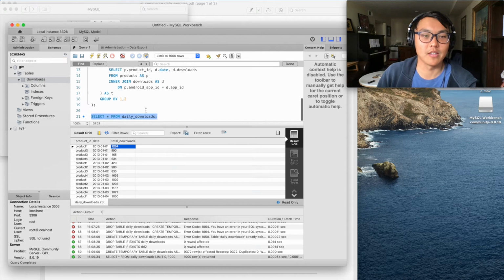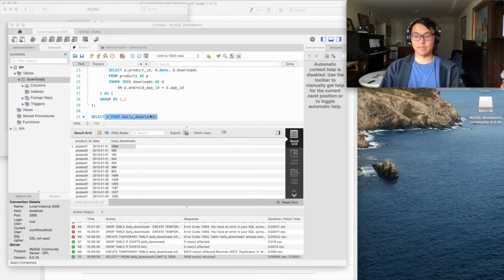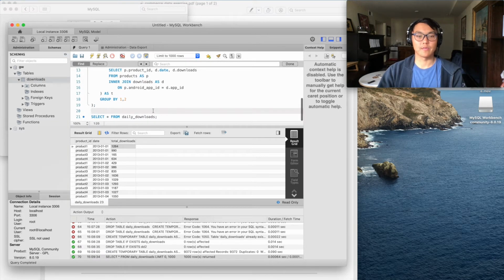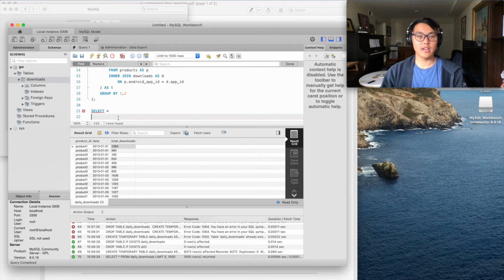The way I'm going to illustrate that is I'm going to first look at what the table would look like if we just did this join on its own. So we're going to grab daily downloads as dd1 inner join.